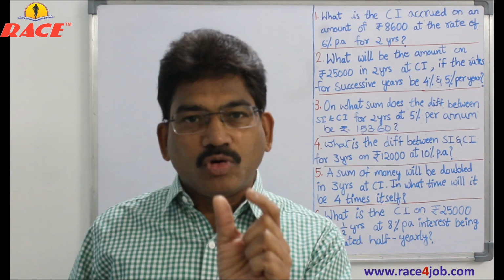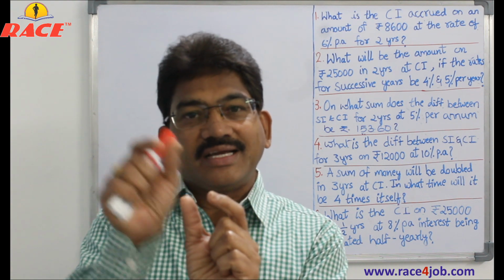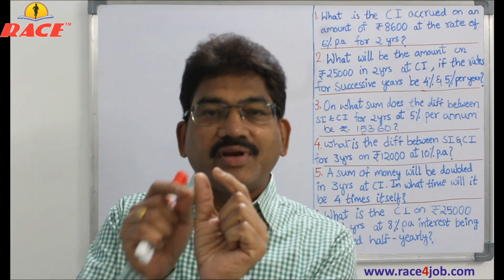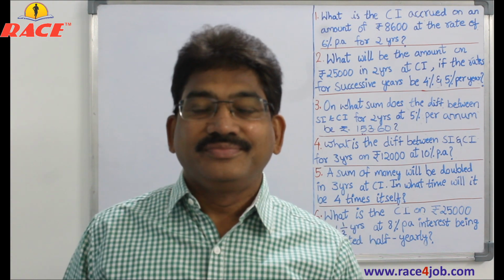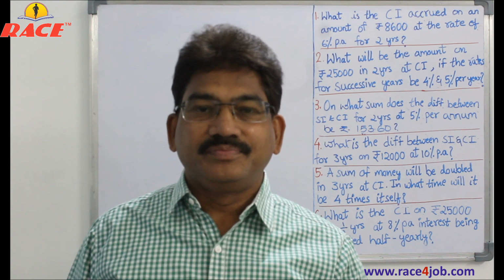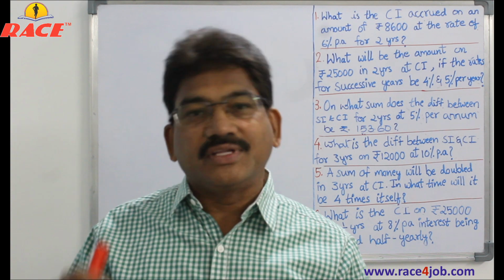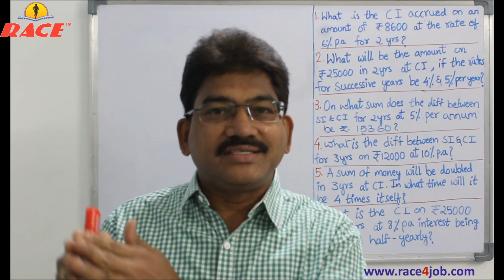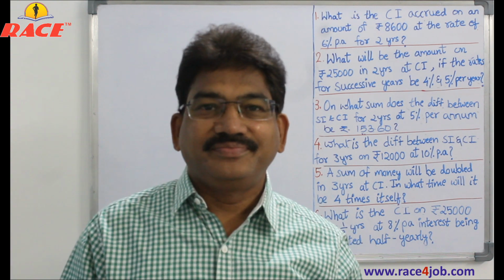So we take amount as principal and calculate interest on that. So interest is calculated even on that interest money also. And whatever the amount is at the end of that second year, that becomes principal for the third year. That is how compound interest is calculated.